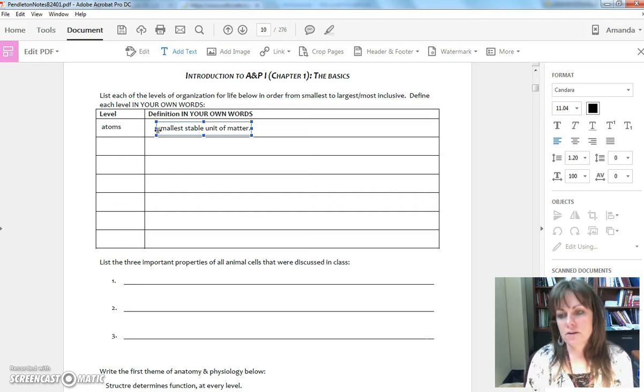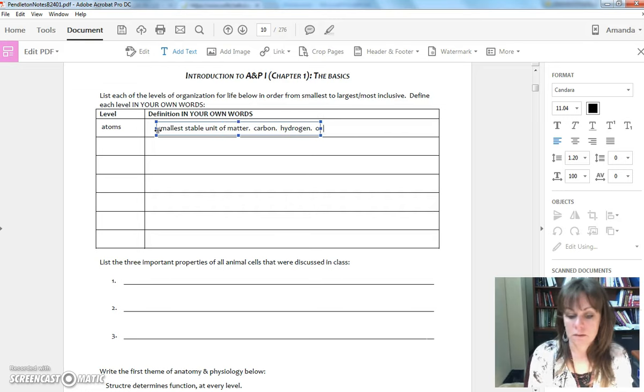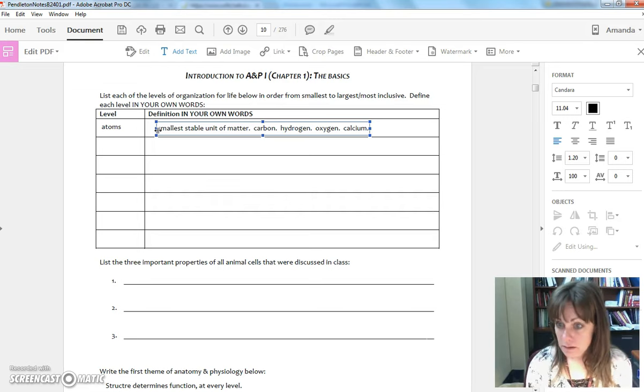What my students usually find most helpful is to actually have examples, examples you may have heard of. Carbon can be an atom. Hydrogen can be an atom. Oxygen, calcium, all of these are examples of atoms. Okay, they're one small stable unit.